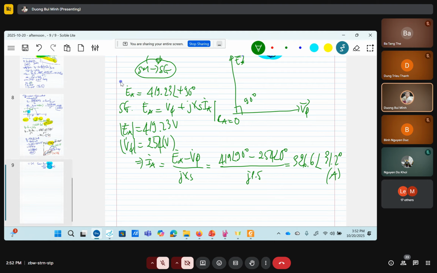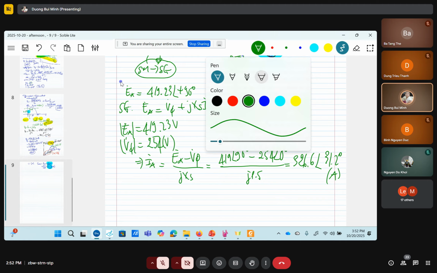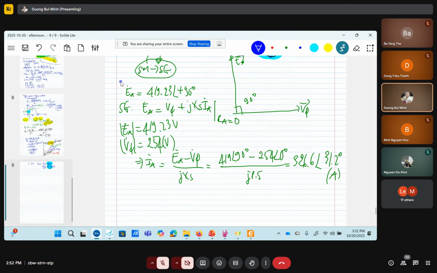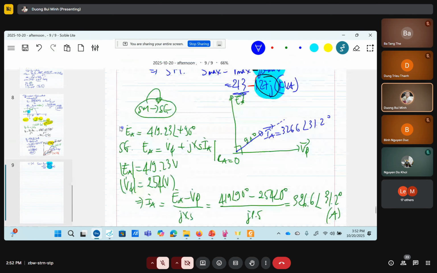Okay, so for this case, this is IA, with magnitude 236.6 and phase angle 31.2 degrees. Here is jXsIA. This is of course perpendicular.